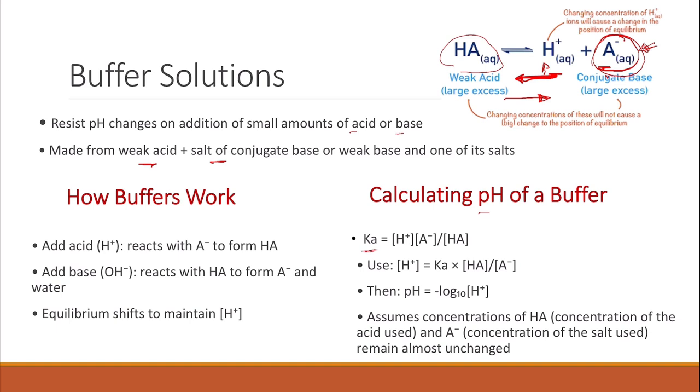Again, we're going to use the Ka value, or the dissociation constant, for the acid. So Ka will equal the hydrogen ion concentration times the anion concentration divided by the acid concentration. In this case, the anion concentration will be the concentration of the salt, or the conjugate base, that we added.